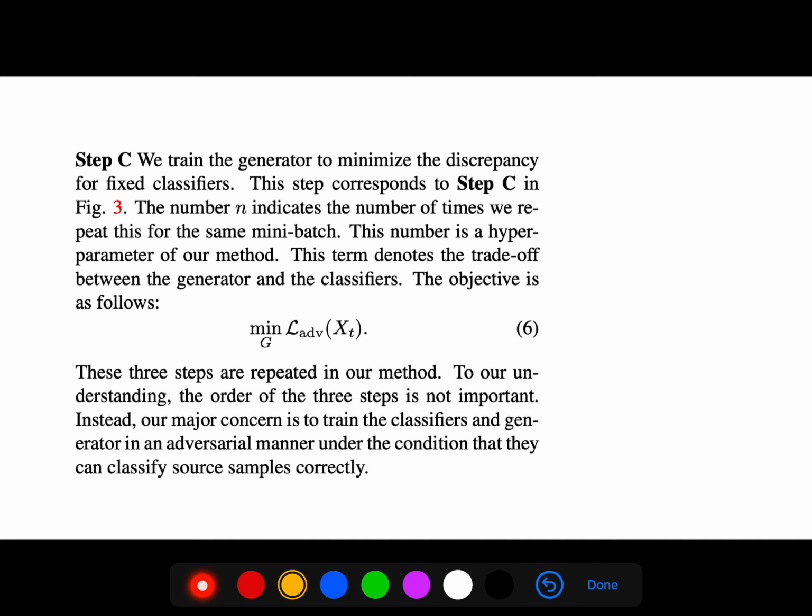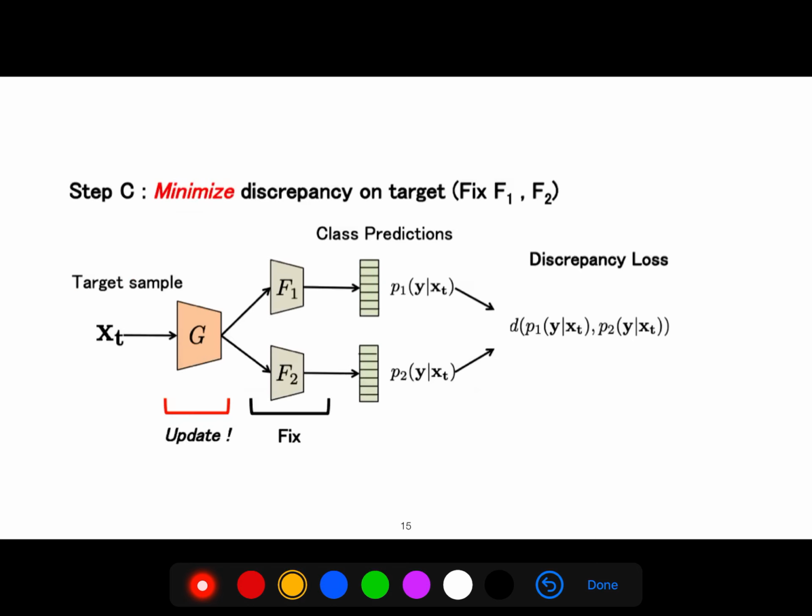This term denotes a trade-off between generator and classifiers, because when tuning the frequency, some of them learn very fast. Some of them have a different speed of learning. So we should tune them very adequately. So in step C, we are minimizing the discrepancy on the target because we have fixed our classifiers and we just update our generator.